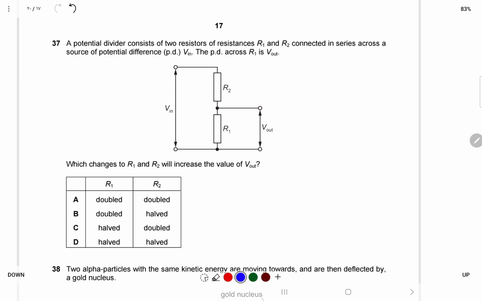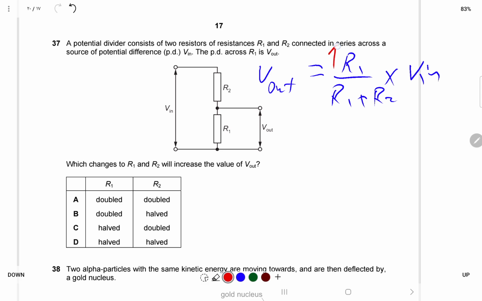Now the formula for the potential divider is Vout is equal to R1 over R1 plus R2 times Vin. In order to increase Vout, clearly we have to increase R1. If we increase the numerator, Vout will increase. Also, we have to decrease R2. If you decrease the denominator, Vout will increase. So for question 37, option B is correct.